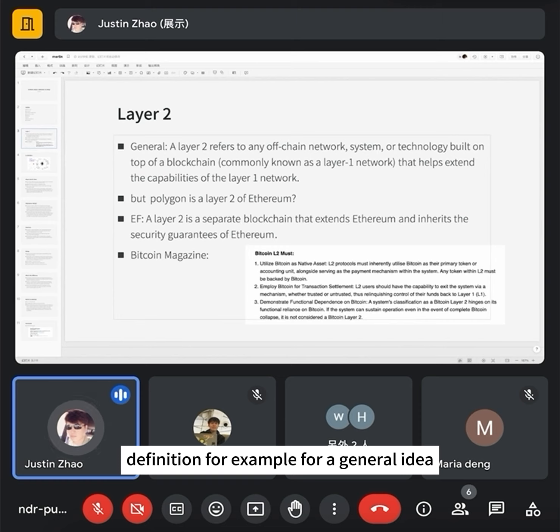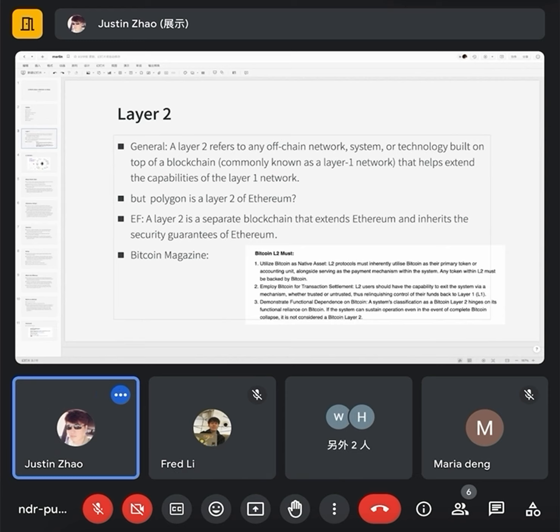For example, a general idea is that a layer 2 refers to any off-chain network built on top of a blockchain, normally called a layer 1 network. The layer 2 can also help extend the capabilities of the layer 1 network. This is a very general idea.